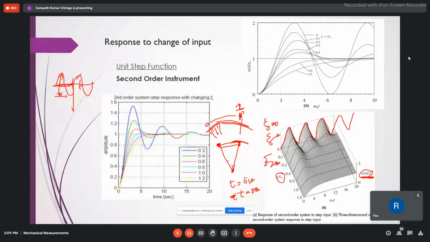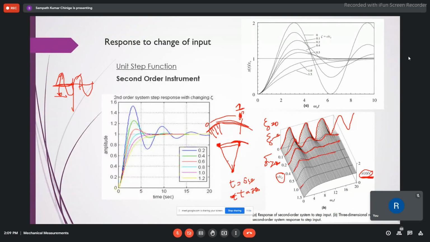When it is within the underdamped system, you can see as your zeta value is increasing and reaching towards 1, the peak and the amplitude value are reducing. At the same time, it is coming to a steady state. Right? This amplitude is slowly reducing. Here also, amplitude is slowly reducing.